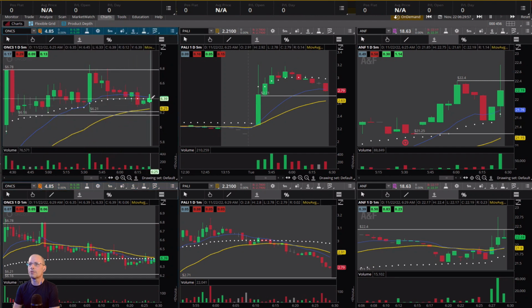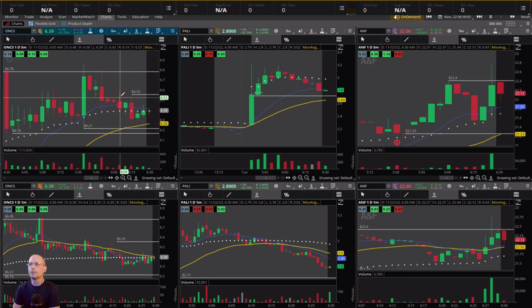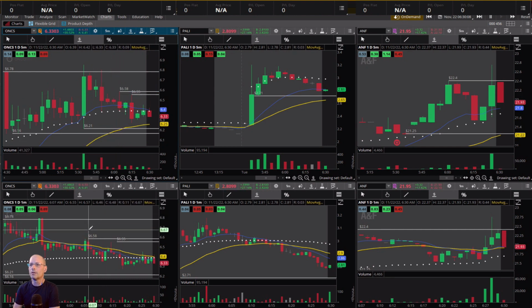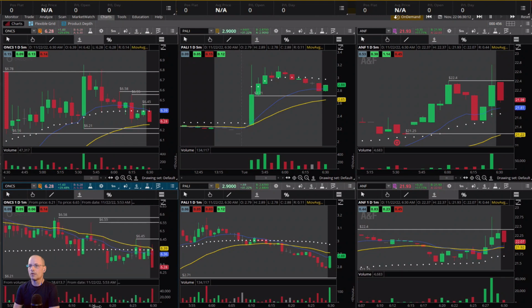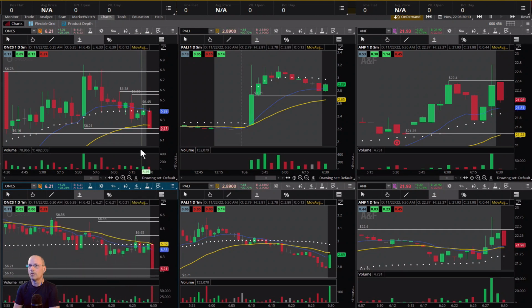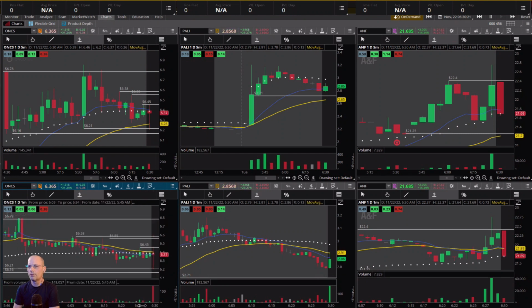Just remember here, the bears are looking for a lower high and a lower low. Bulls would like to see a nice breakout over 655 and 658. You also have 645 on the 1 minute. Oh, there's that break. Breaking down. So you got that lower high and lower low. Look at the bulls buying the dip though for the moment.